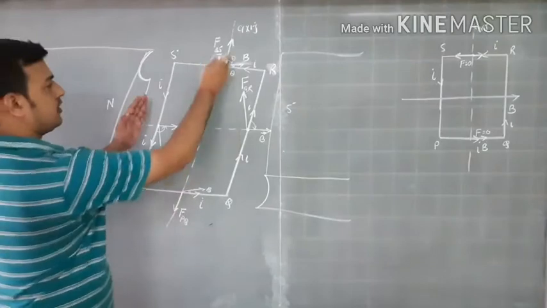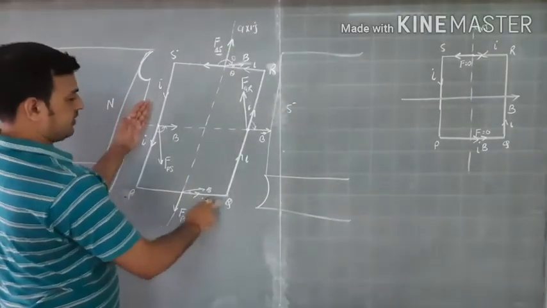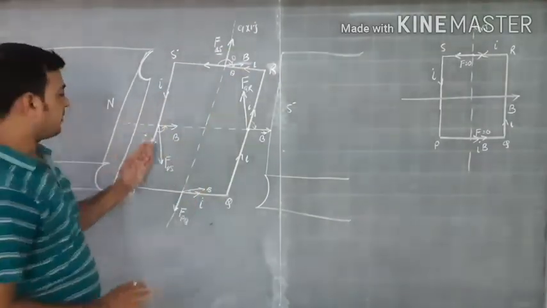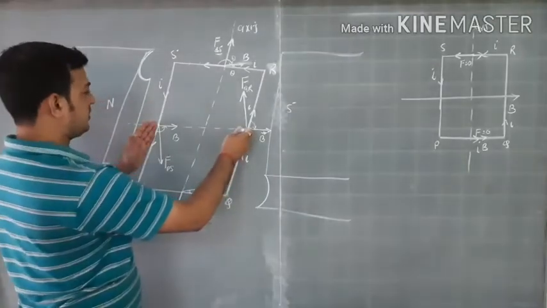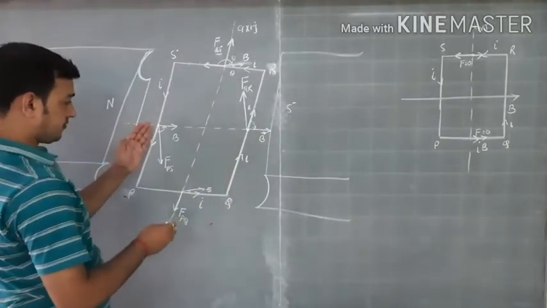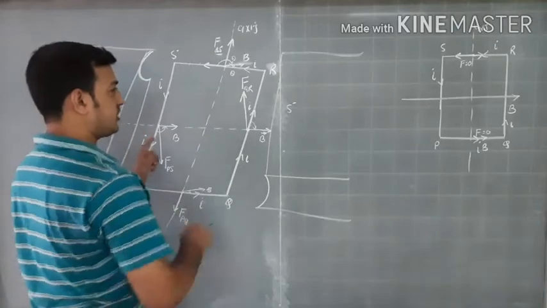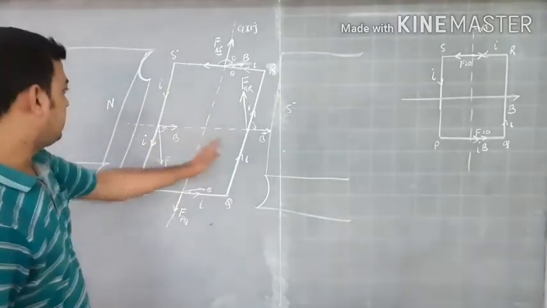So in my coil, the resultant of the forces acting on PQ and RS is 0, but here the forces are acting in opposite directions. Let us see the values of these forces.